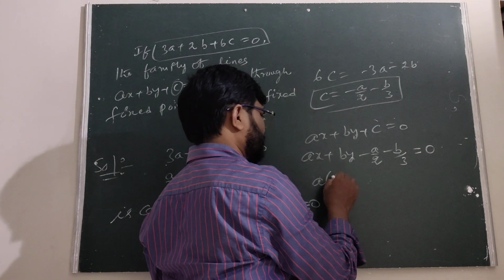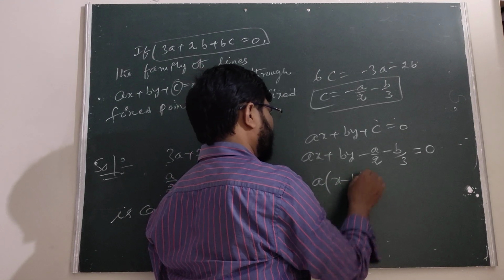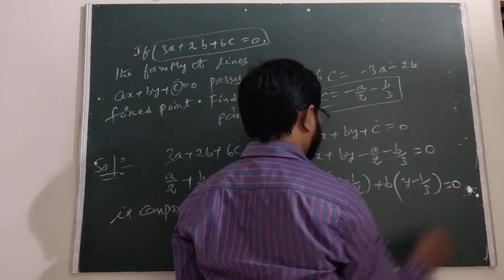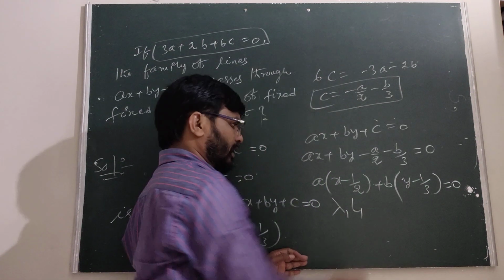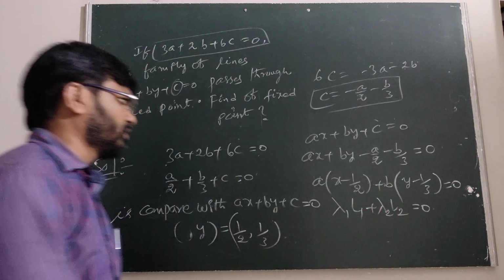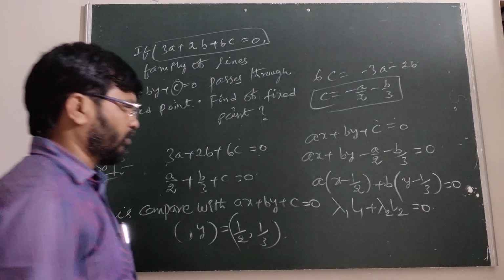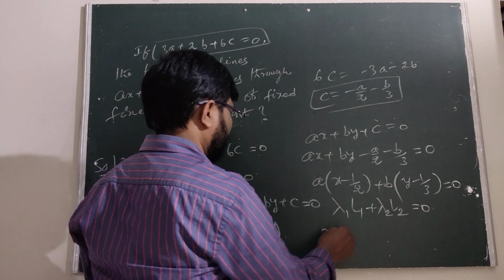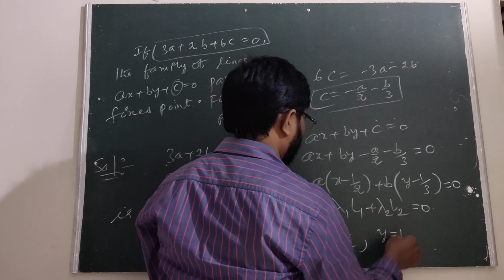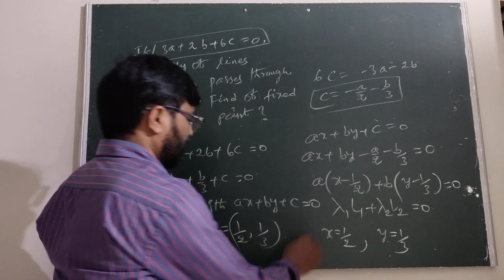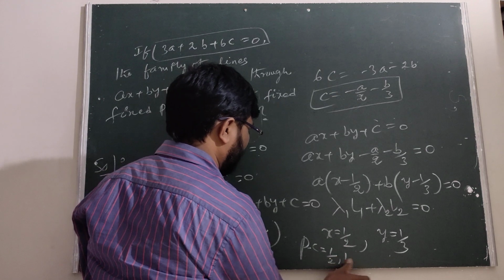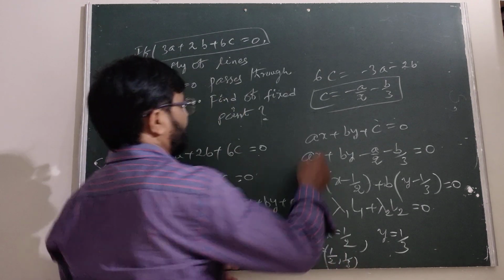Now a is common: x minus 1 by 2, and b is common: y minus 1 by 3. This is lambda 1 L1, this is lambda 2 L2. We have to compare with lambda 1 L1 plus lambda 2 L2. Therefore, L1 equal to 0 gives x equal to 1 by 2, and L2 equal to 0 gives y equal to 1 by 3. The point of concurrence is (1 by 2, 1 by 3). This is the second method.